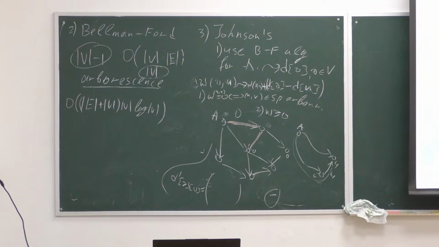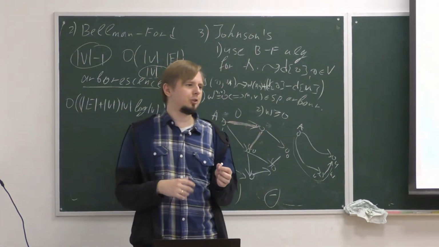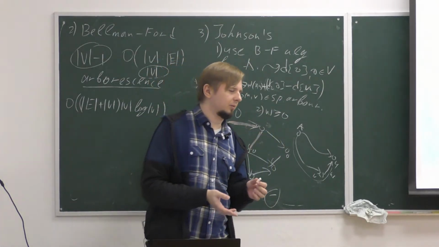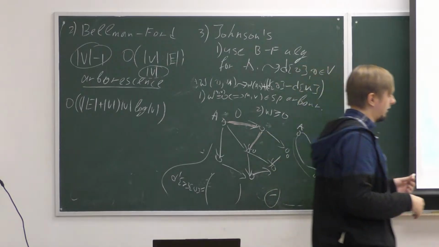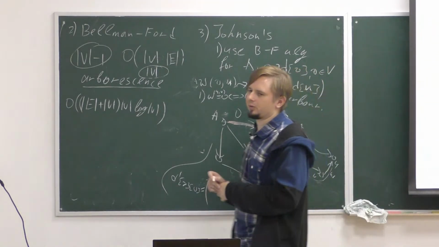It's combinatorial methods, combinatorial algorithms. Now we want to add some geometry. We will want to draw the graphs on the plane and so on and so forth. In this case, we go to planar graphs.